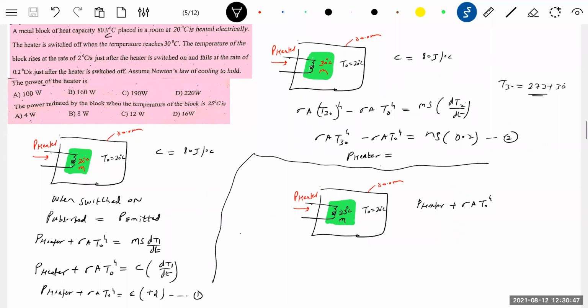It will gain heat. Radiated means loss, or what should we take? Sigma A T25 equal to ms dT by dt.